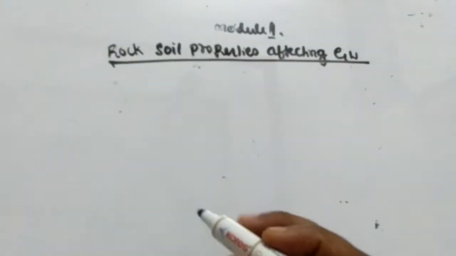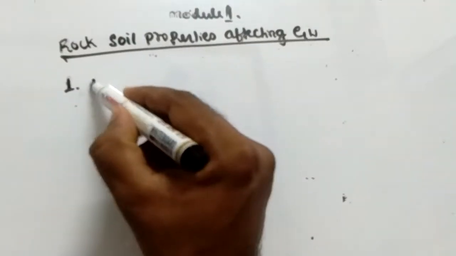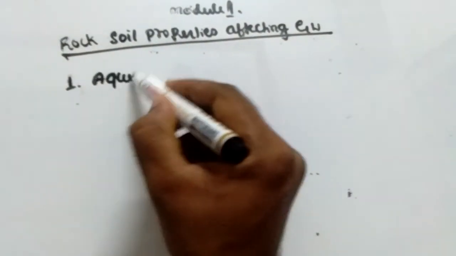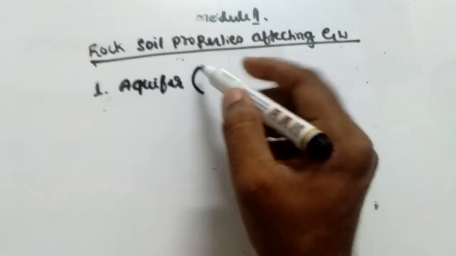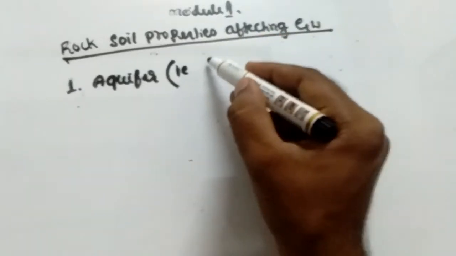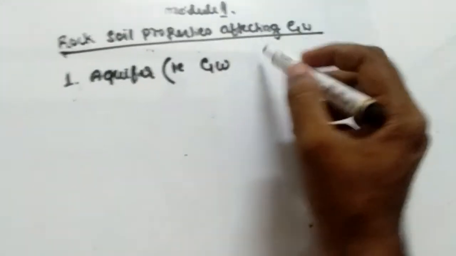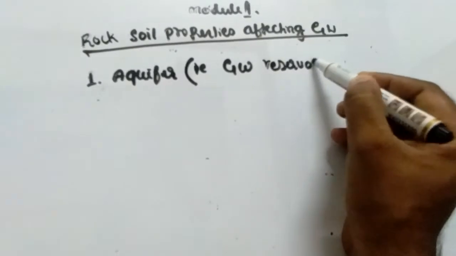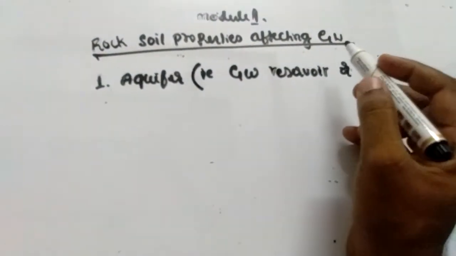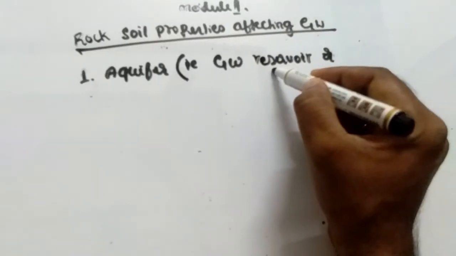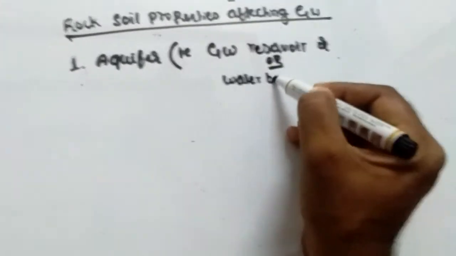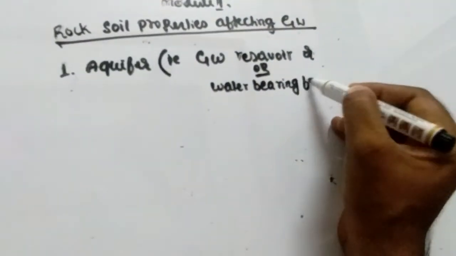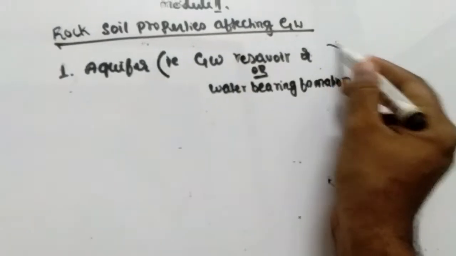Before going for these rock properties, we should know some terminology such as aquifer. Aquifer has synonyms: groundwater reservoir, or water bearing formation.